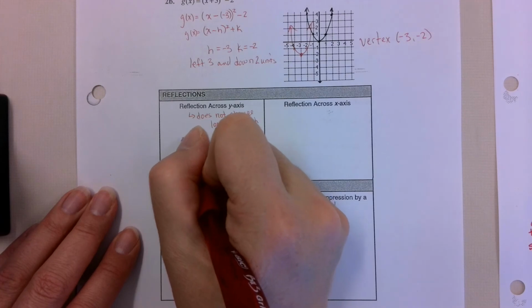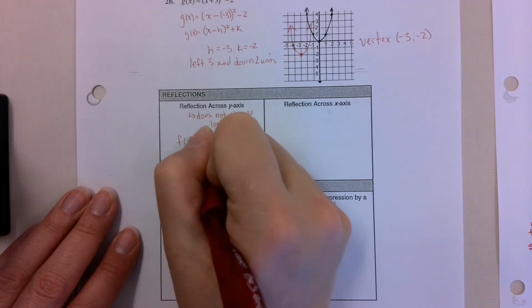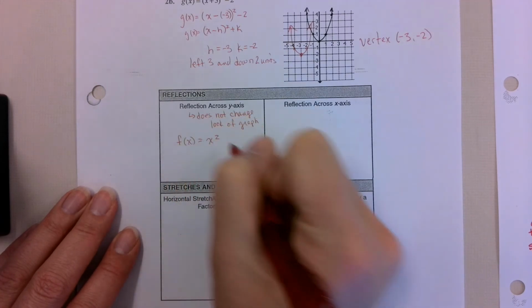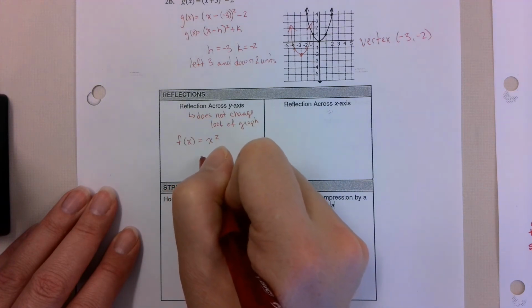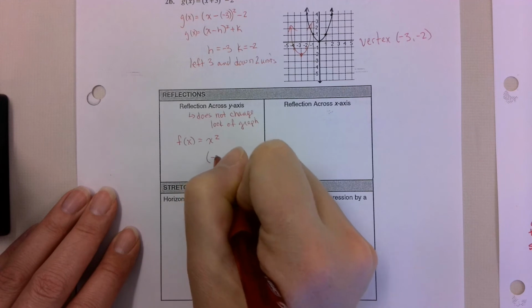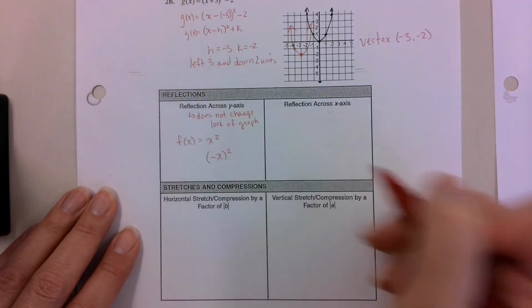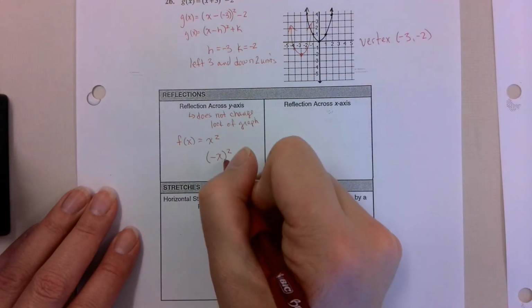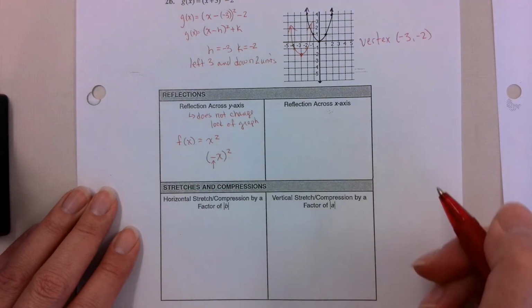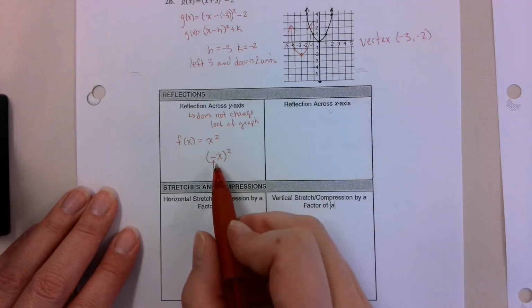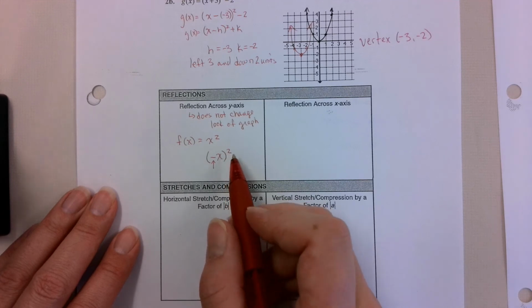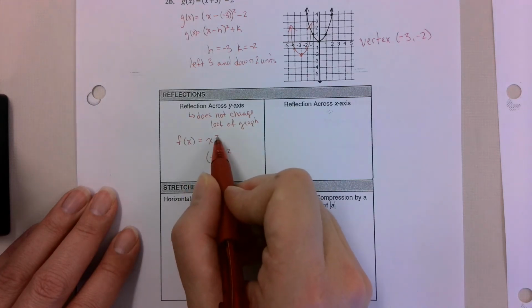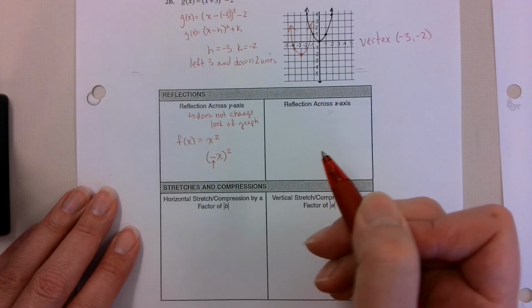So when I have this, you know how we have f of x equals x squared? The reflection across the y-axis is if you have f of negative x, the quantity squared. That negative sign is what reflects it, but no matter what you do, it doesn't matter because you're going to square it. So if you have x squared, whether it's a positive or negative number, you're going to get a positive outcome.